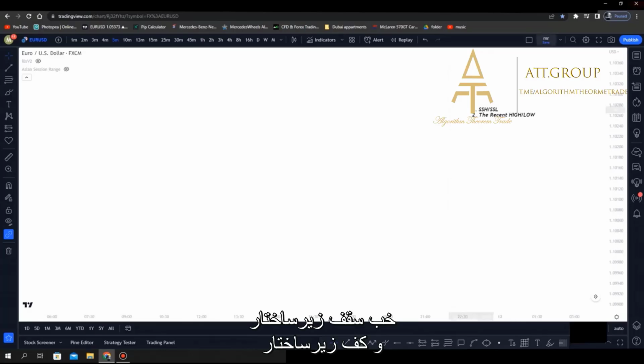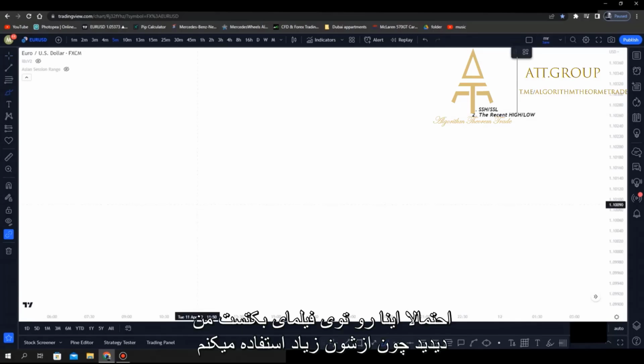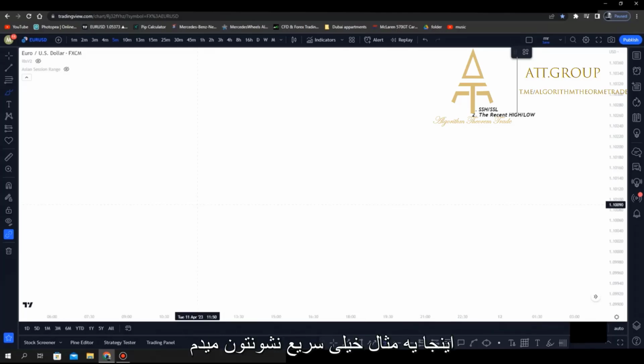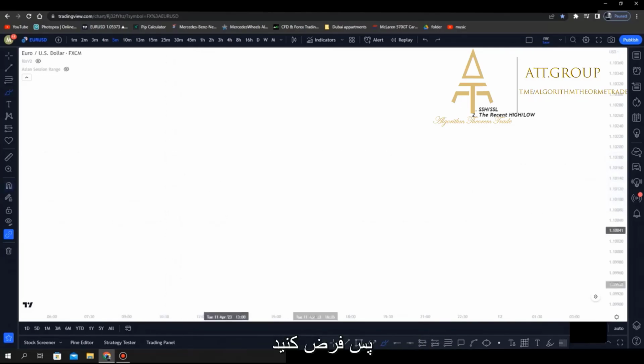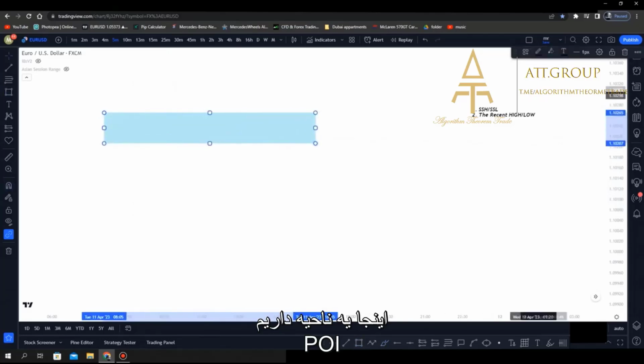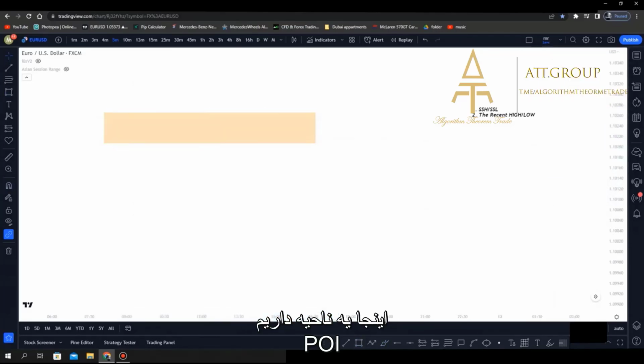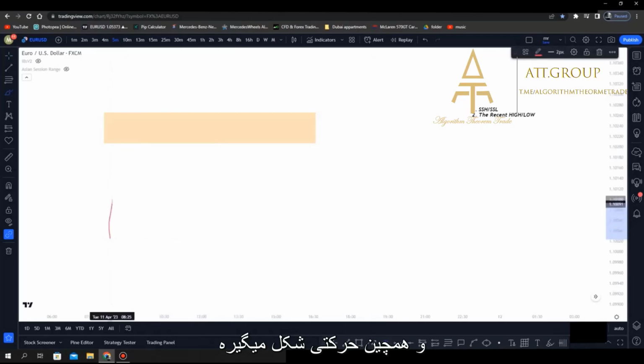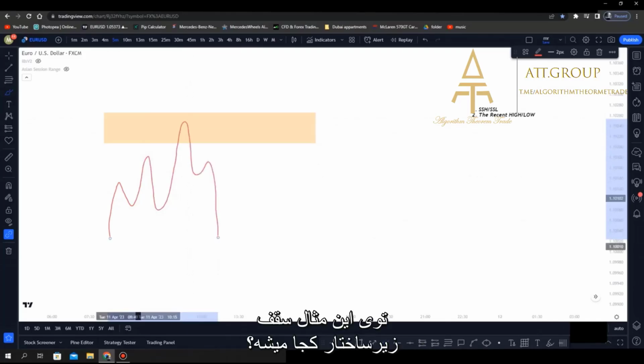So, substructure highs and substructure lows. You might see in my backtesting video that I use it a lot. So I'll create a quick example right here. Let's say we have a move like this, and we'll make this, and this.